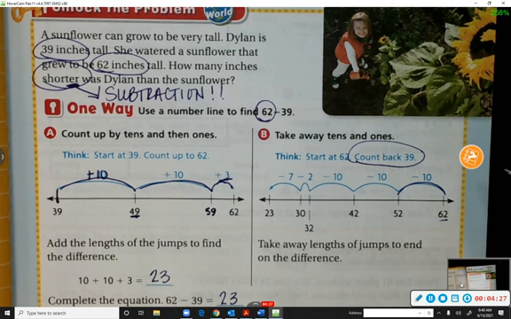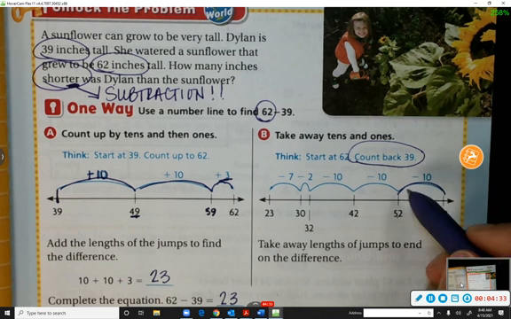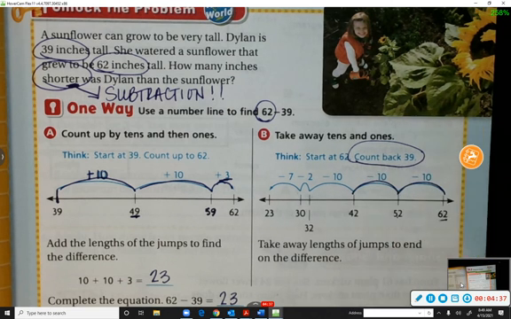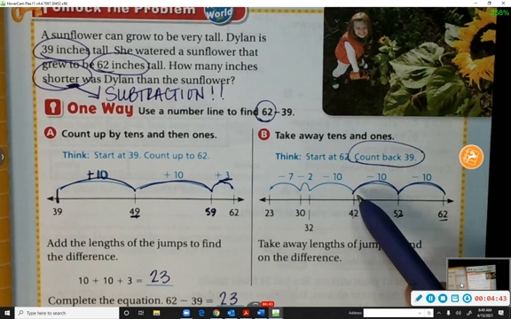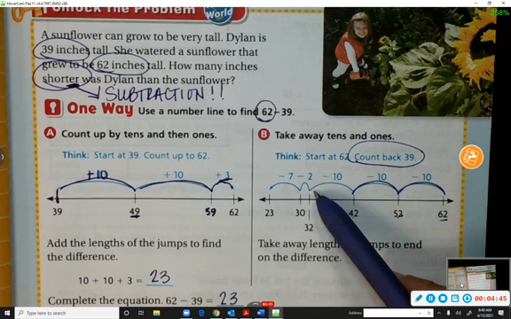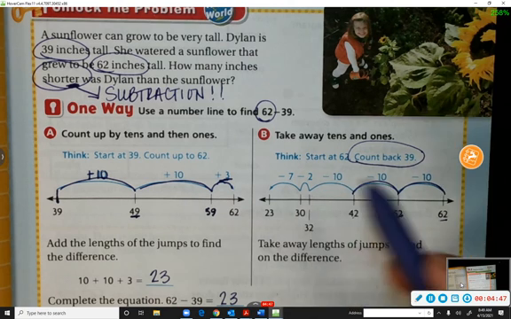Can we do that in our head? Subtract 10s? So 62 minus 10 would be 52. Can I do another 10? Yes. 52 minus 10 would be 42. And then I'm going to do another 10 to equal 32.